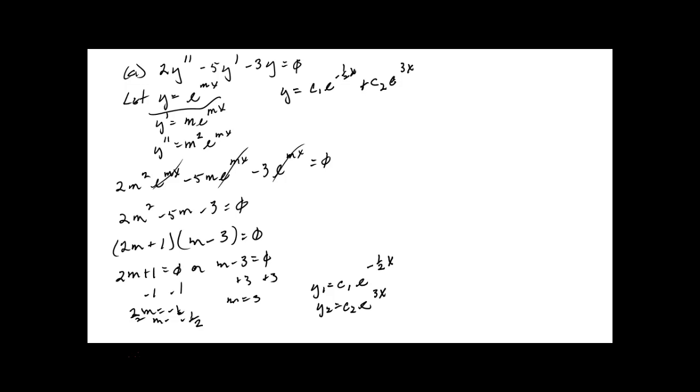So that's what happens if you have a factorable auxiliary equation, or even if it's not factorable, if you use the quadratic formula and you come up with radicals that are positive, then it still works. Then you might have a e to the square root of 7x, or minus 5 root 3x, or something like that.